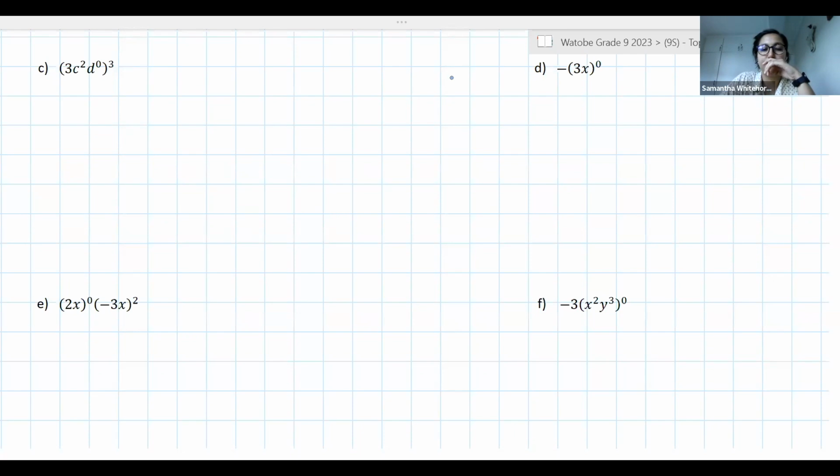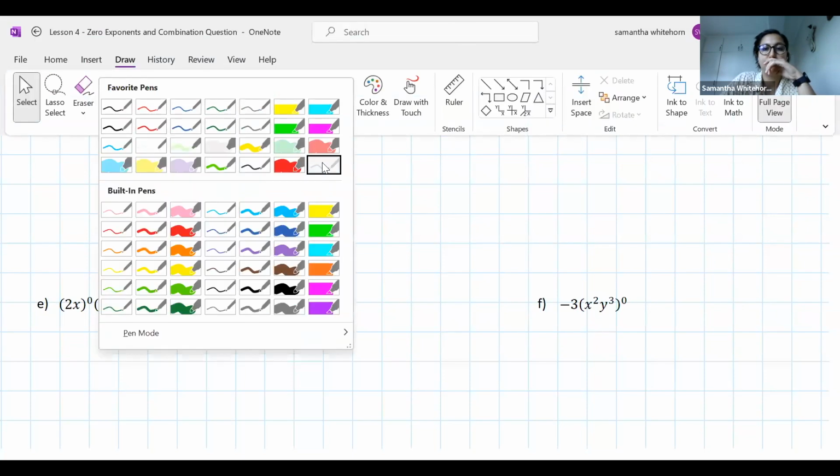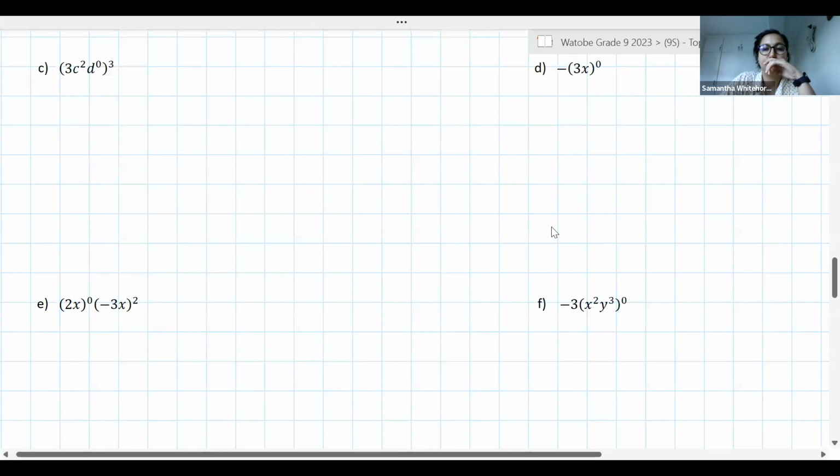Well done. And again, remember those zero exponents. Think about which values they actually apply to and which they don't.